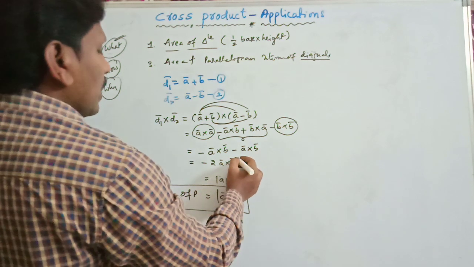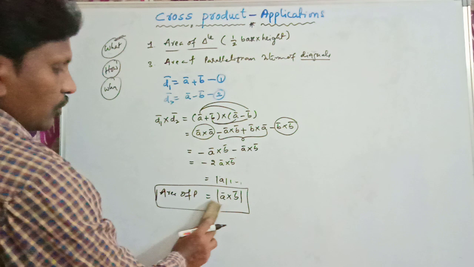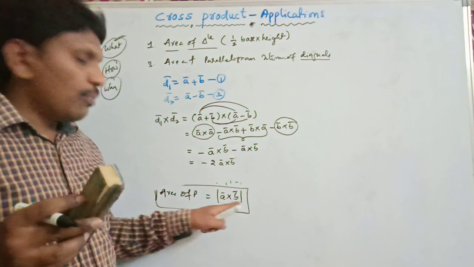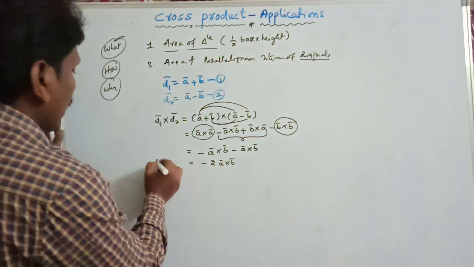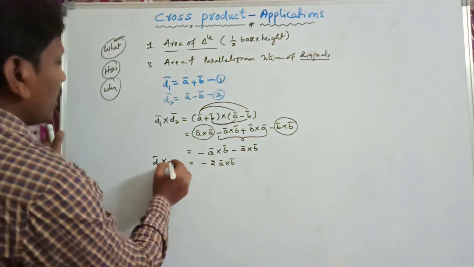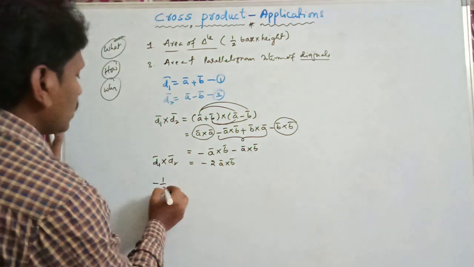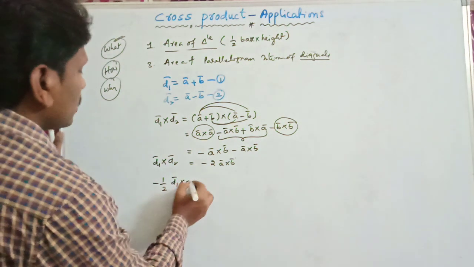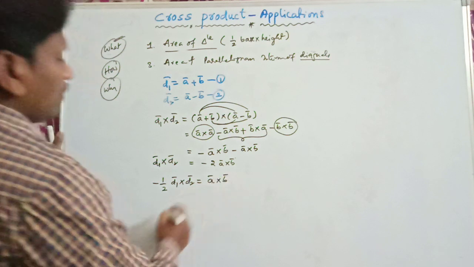We need to remember the area of the parallelogram is mod of A bar cross B bar. And D1 bar cross D2 bar, if it comes to this side, gives minus of D1 bar cross D2 bar equal to A bar cross B bar.